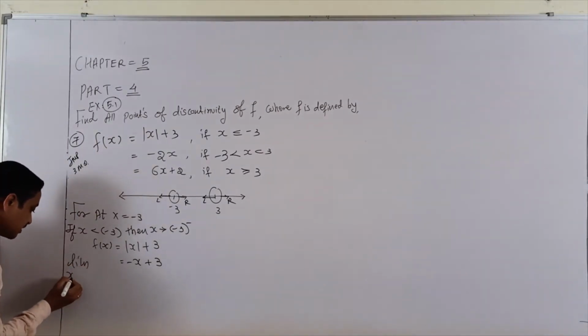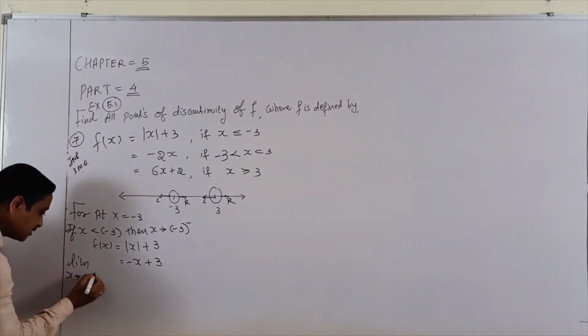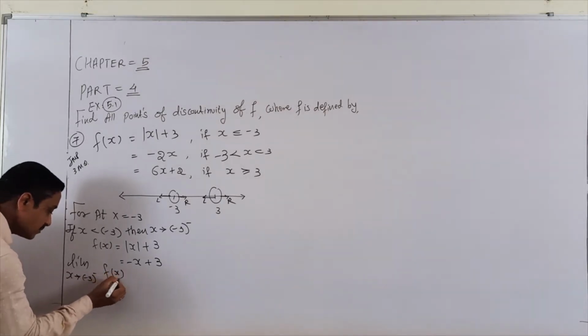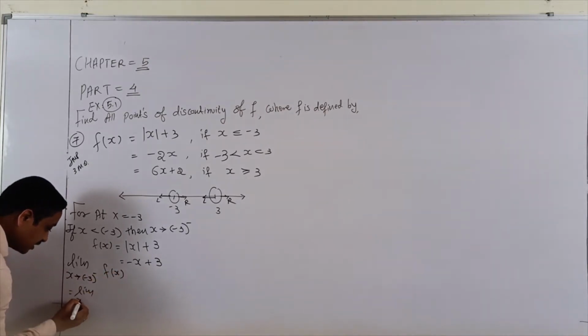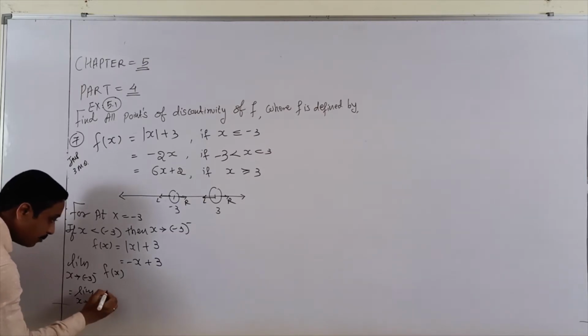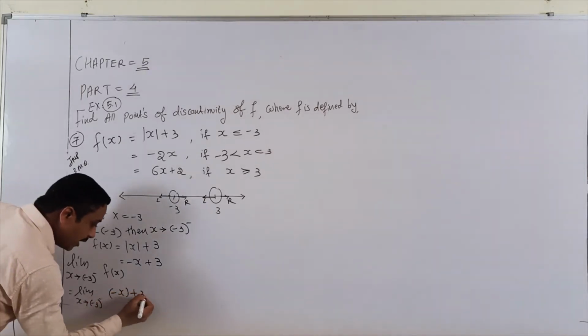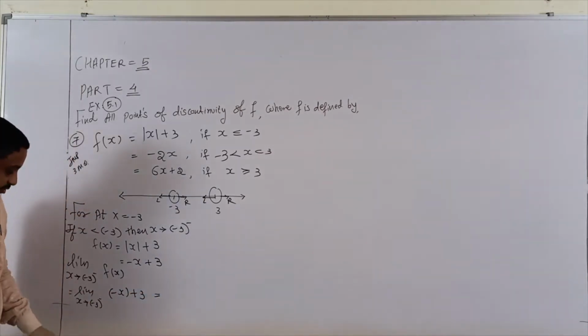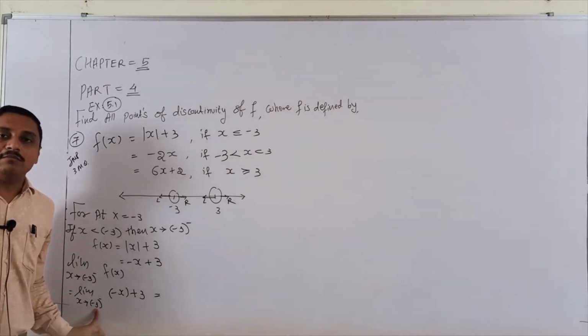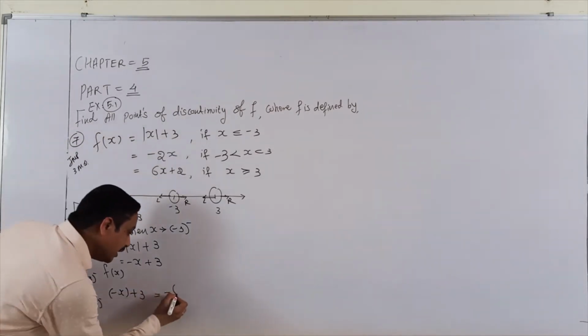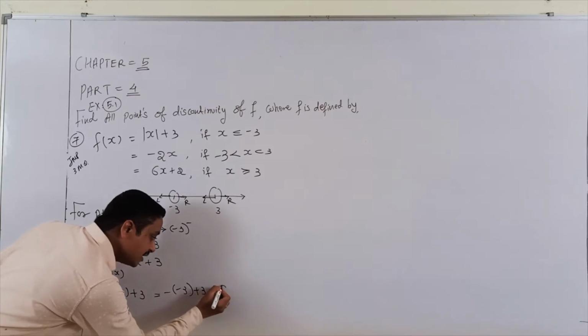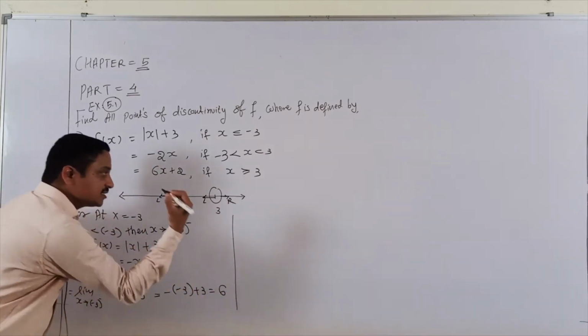The limit as x tends to -3 minus of this function; apply the value, students, put in -3. So minus of -3 plus 3, sure it is 6.